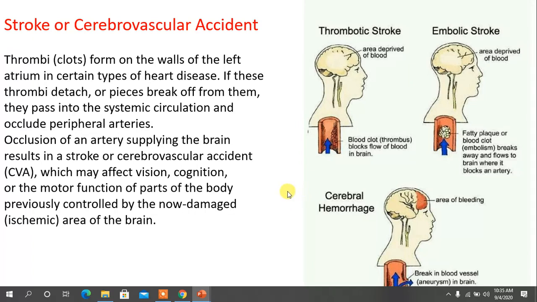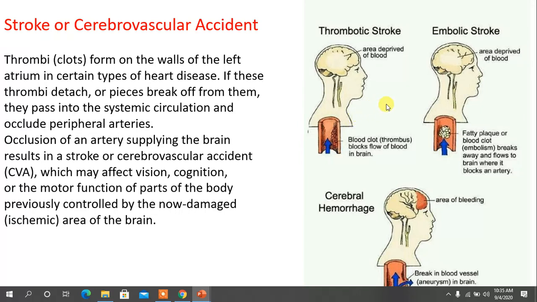Stroke, or cerebrovascular accident. Why mention this here before we go to study valvular heart disease? Because this is a very common complication of valvular heart diseases, especially on the left side of the heart, where the mitral valve is present.